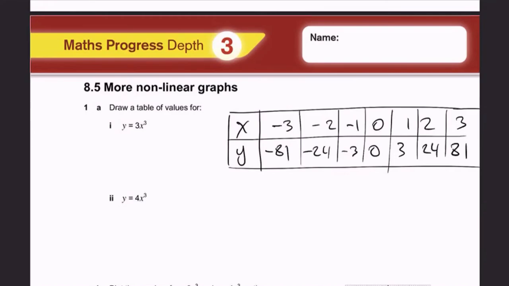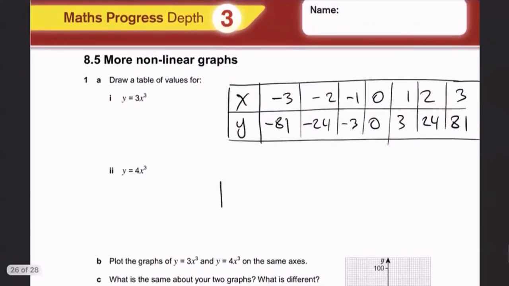Okay. Now 4x cubed, let's draw 4x cubed.